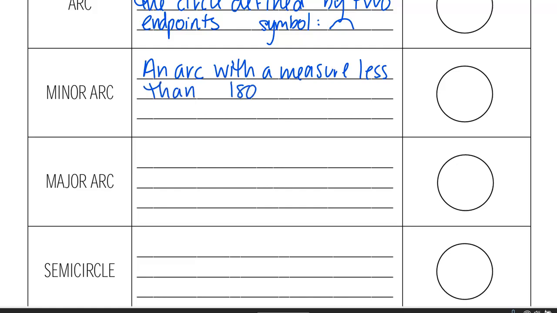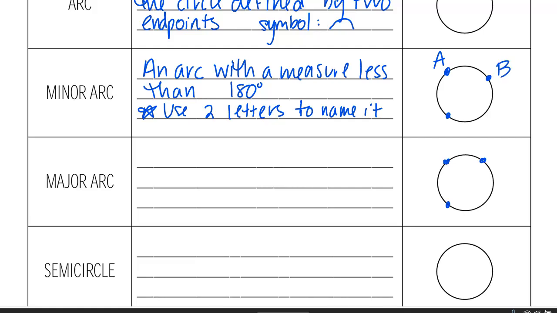We define this with 2 letters. So if you have 2 letters and the arc symbol over it, you know that that's a minor arc and that the measure is less than 180 degrees. I'm going to go ahead and draw this on our other picture because I'm going to do the same.